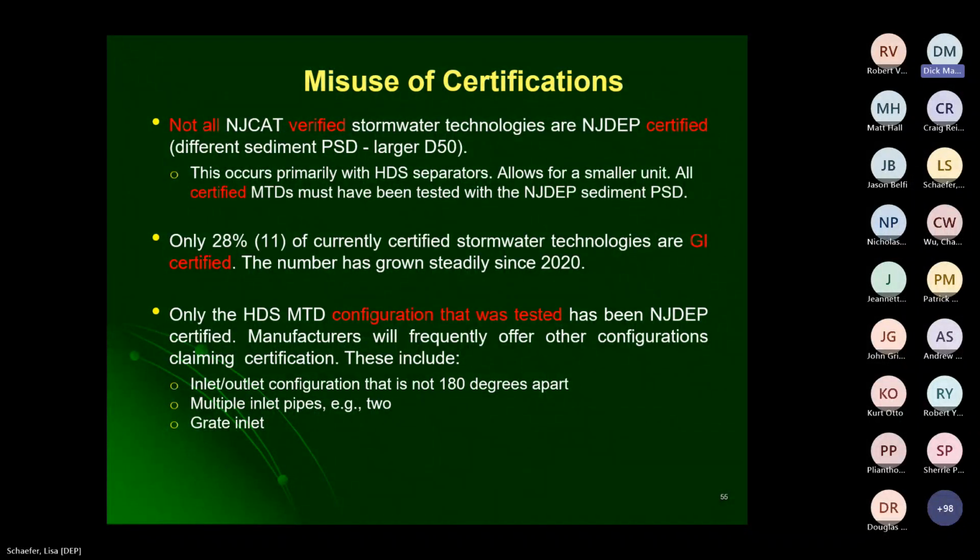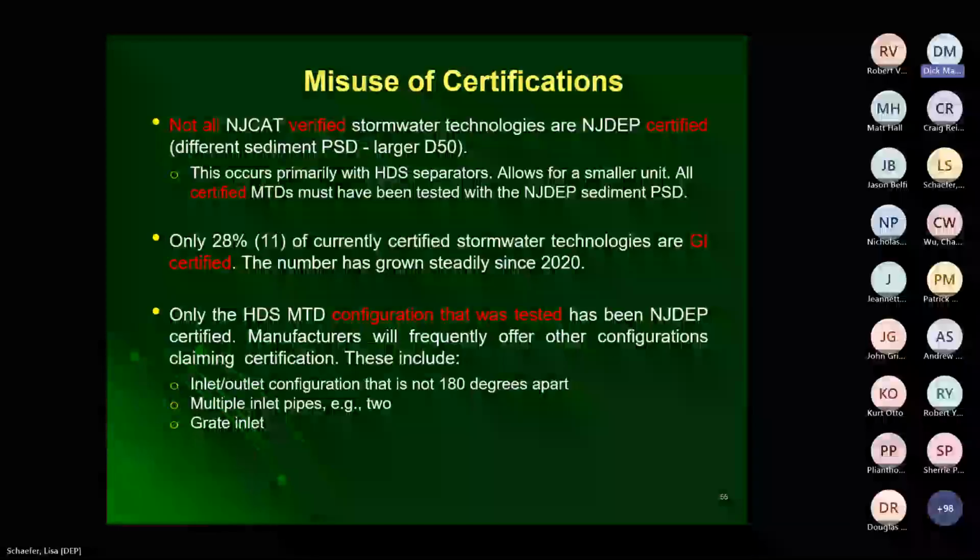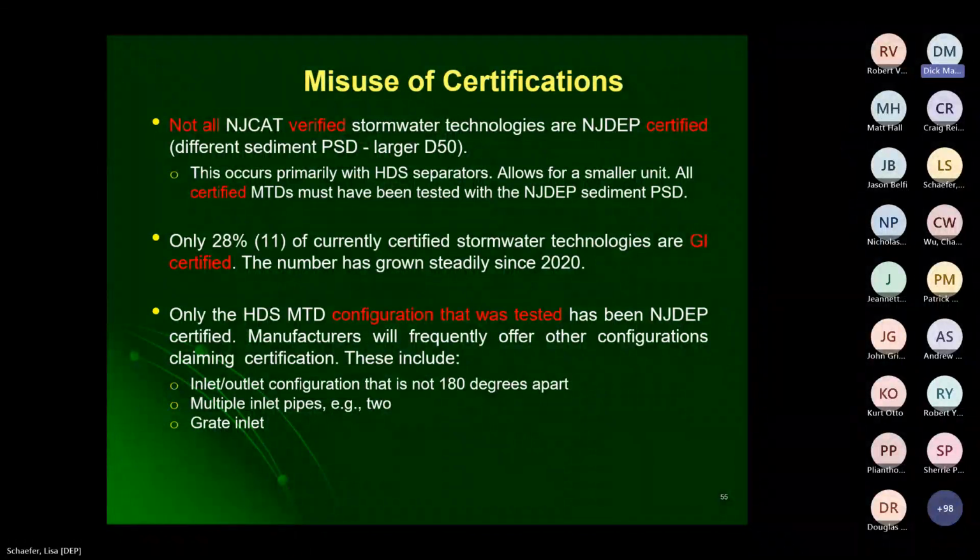And what are some of the exclusions that I see? One is I see site plans being sent to me where the inlet and outlet configuration is not 180 degrees apart, as I showed you in those other diagrams. You might have one coming in at, say, 45 degrees off of that horizontal line. Well, depending on the technology, there's no guarantee that you're going to get the same result.